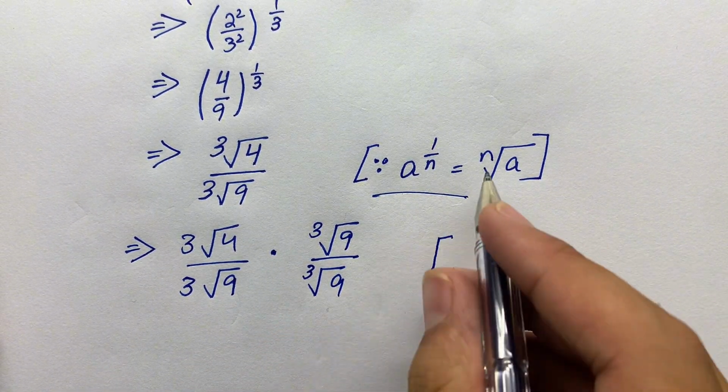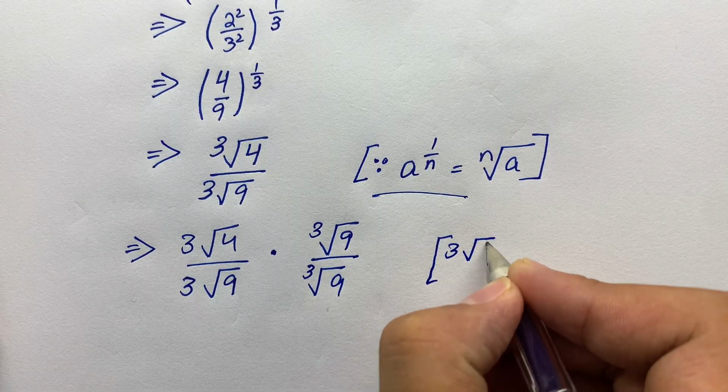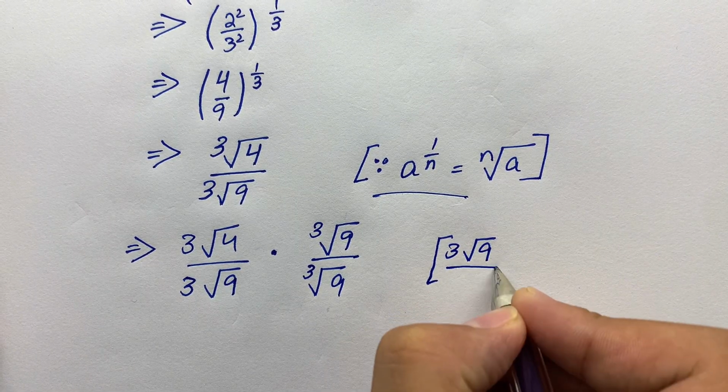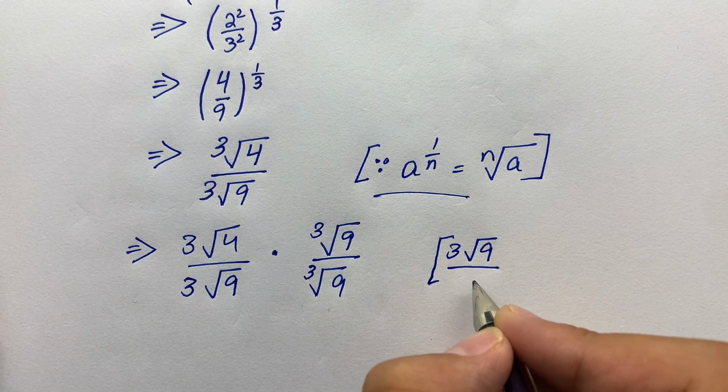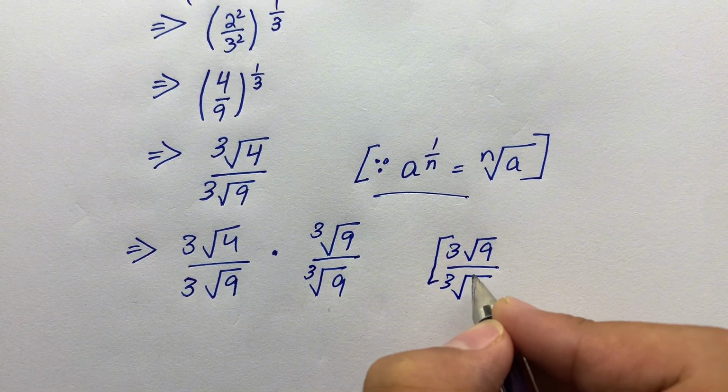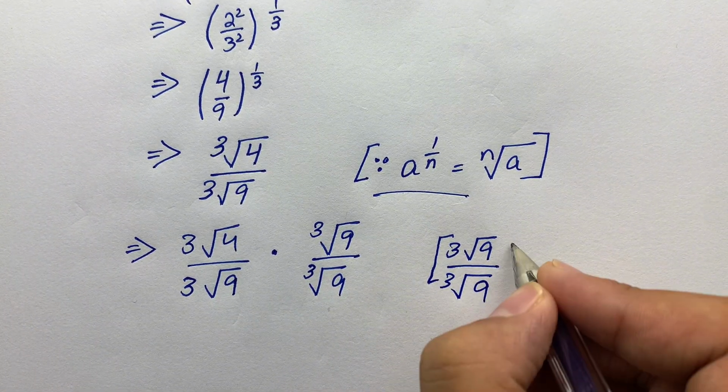So 3 into 9 divided by 3 into 9 is equal to 1.